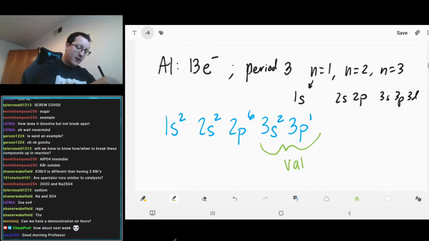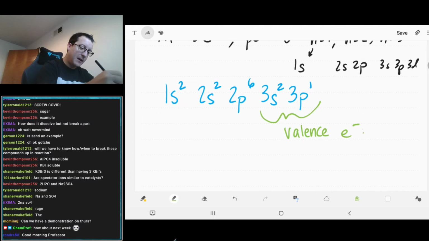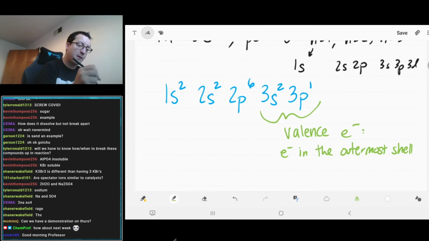These ones are going to be called valence electrons. Those are electrons in the outermost shell. Remember, the shell is the big number in the front. So those are called valence electrons.